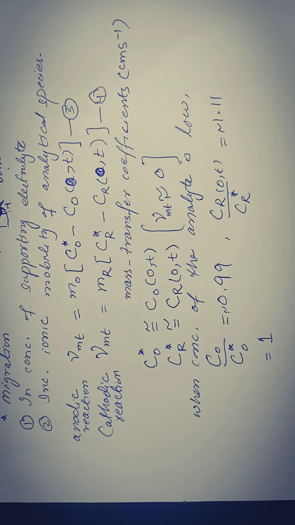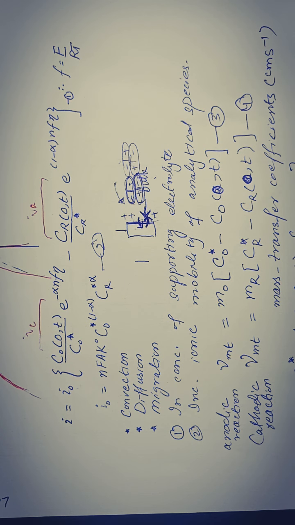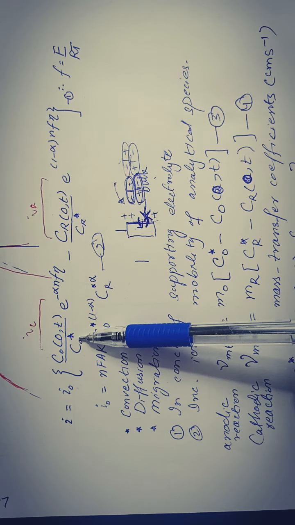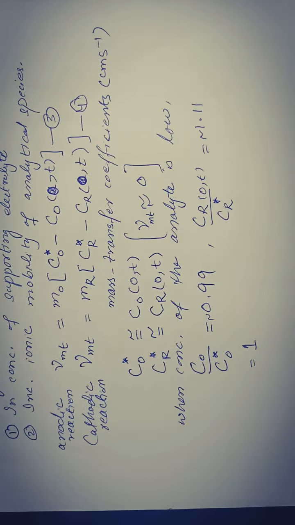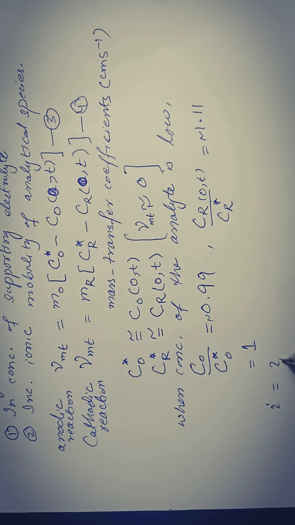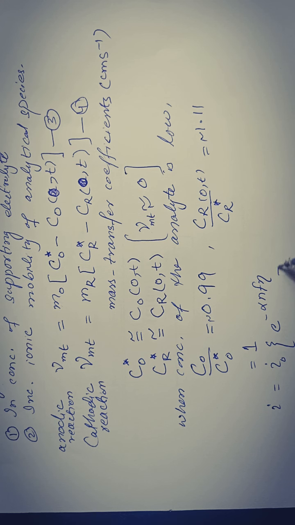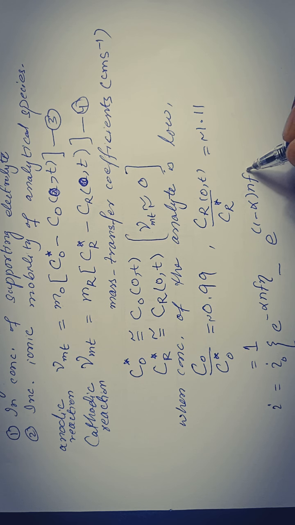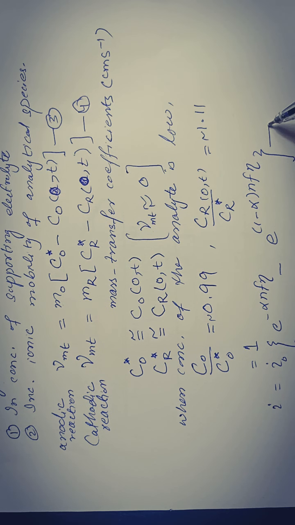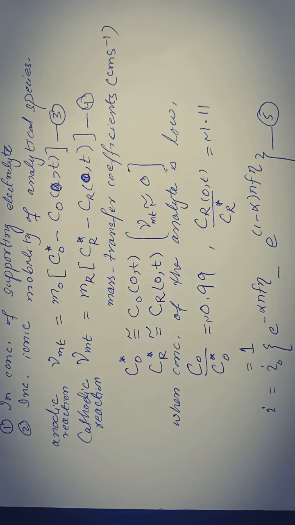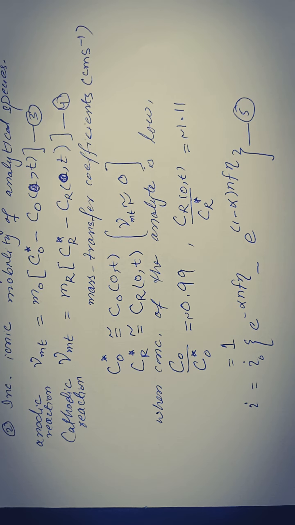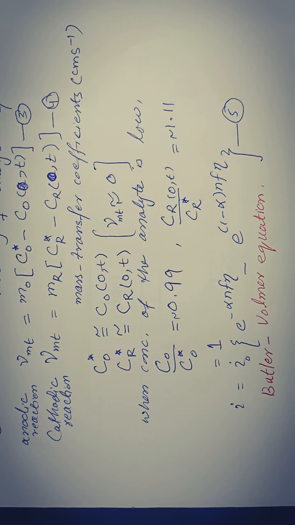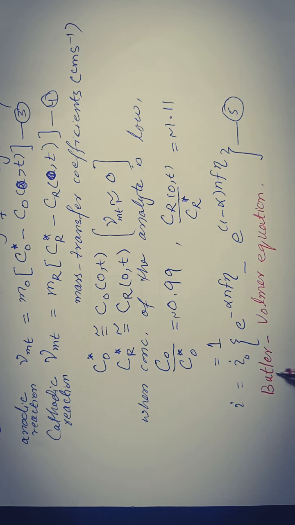So now we can reconsider equation number 1, in which these ratios are equal to 1, and equation number 1 is modified to... so this equation 5 is known as the Butler-Volmer equation.